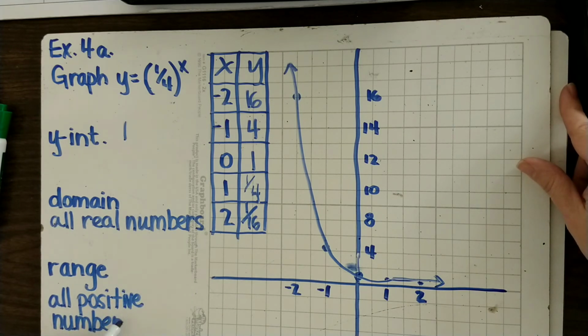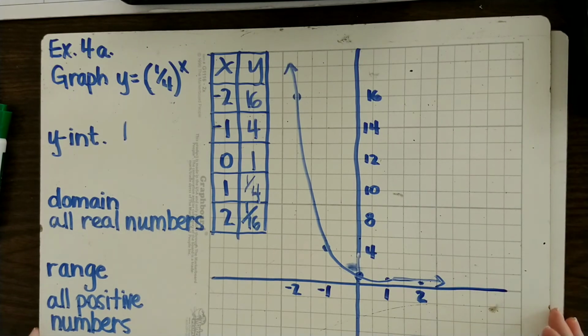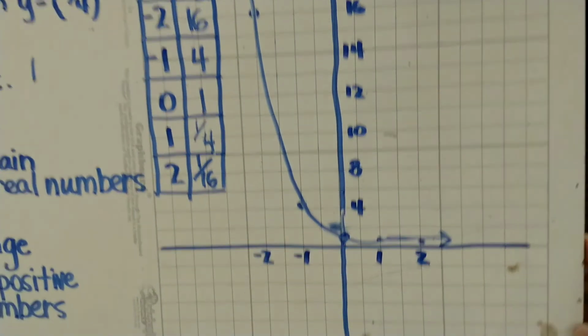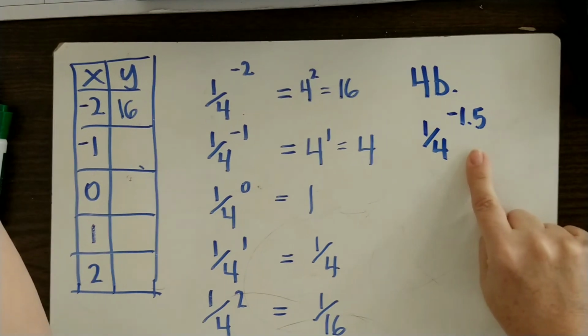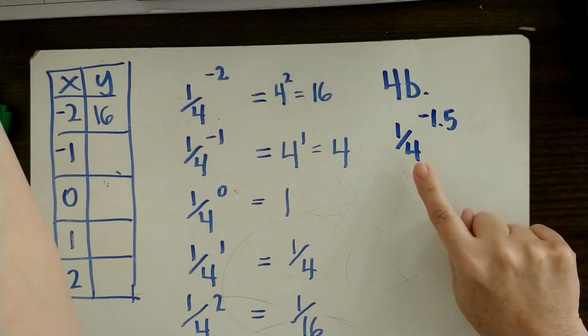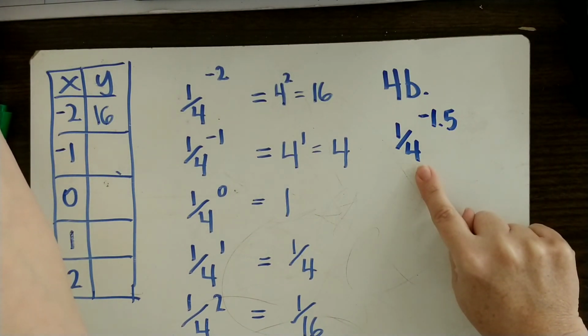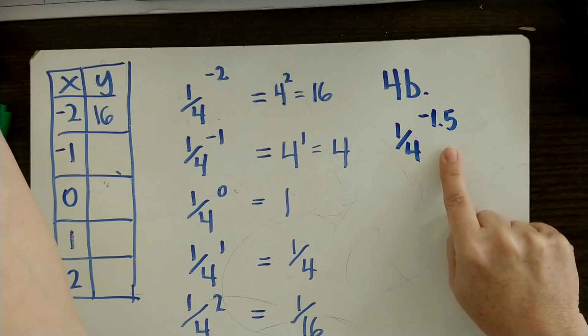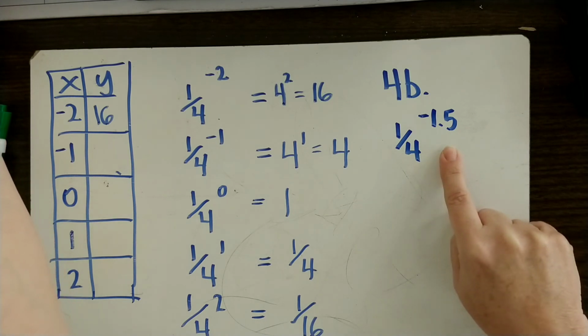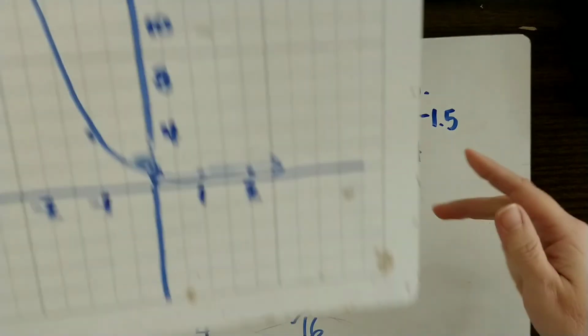Okay, let's go on to example 4b. We have to use our graph to approximate what is 1/4 to the -1.5 power. So let's look.